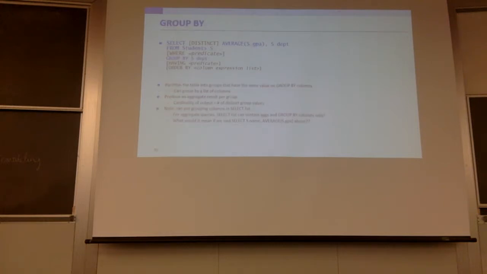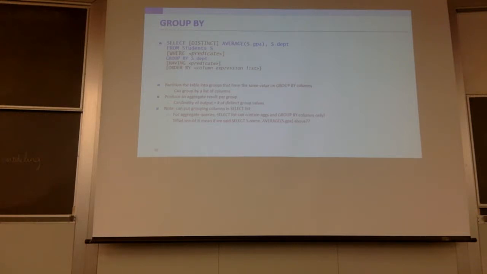And then the next thing you could add is the group by clause, right? You could group the students by their department and compute the average for each of the departments. Okay. So basically, you have to somehow group your tuples with the same department value into small groups and place the average operator on top of that.